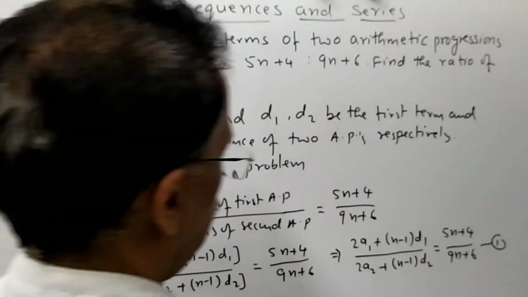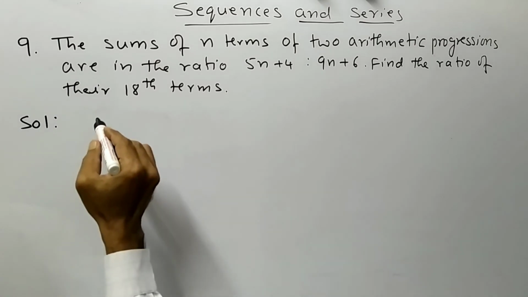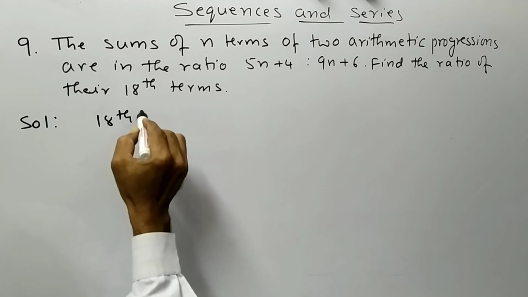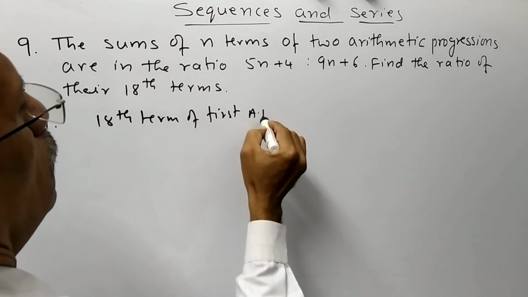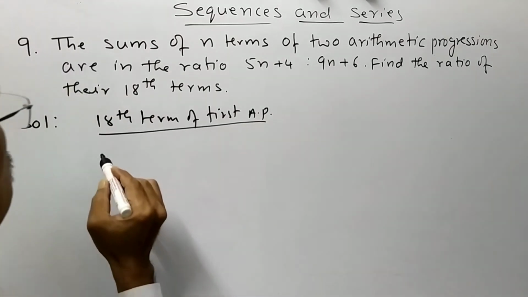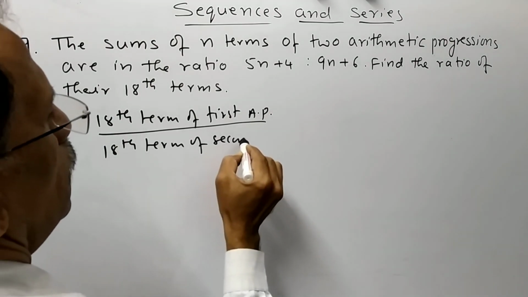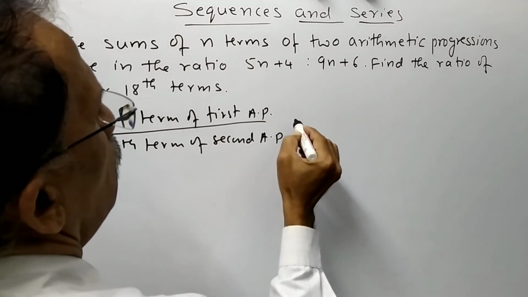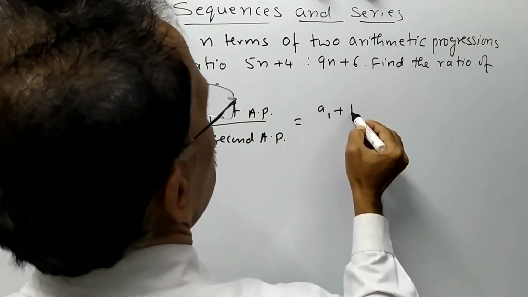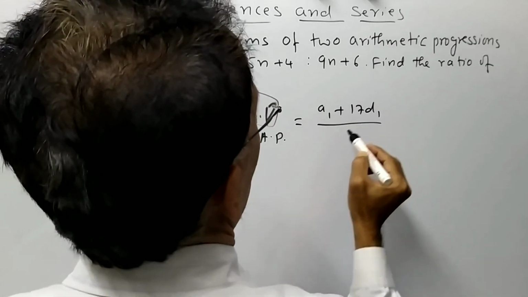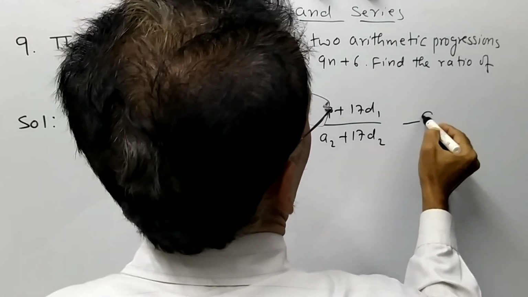Say number 1. 18th term of first AP divided by 18th term of second AP is equal to a1 plus 17d1 divided by a2 plus 17d2. Say number 2.